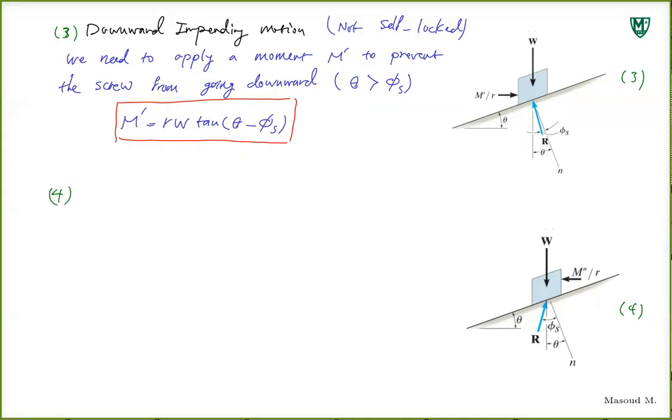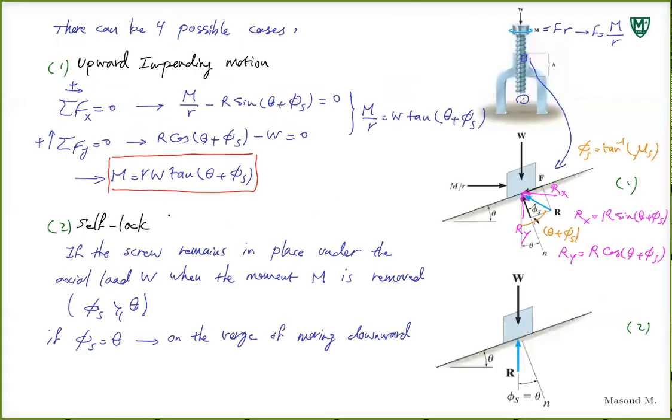The last scenario is the downward impending motion when it's self-locked. So let me see what I called the previous one, self-lock. I'll call this self-locking, better to say. I should have used self-locking for the previous one.